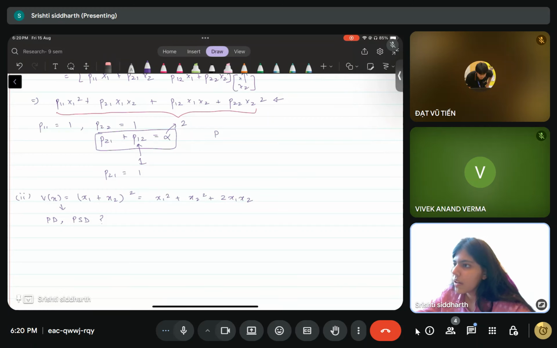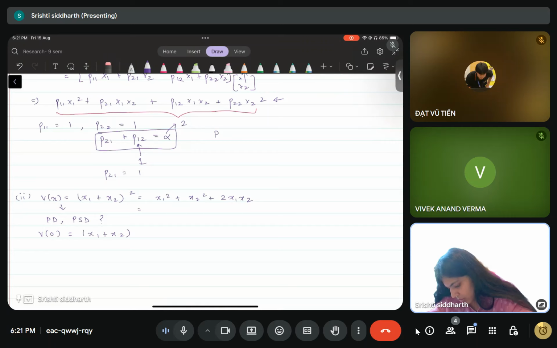Okay, so let's see. If we can write this as a matrix. So let's check when V is 0. It is x1 plus x2 whole square should be 0.